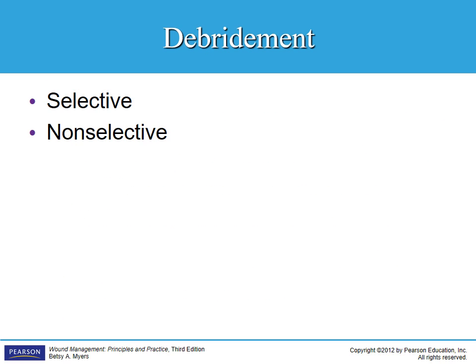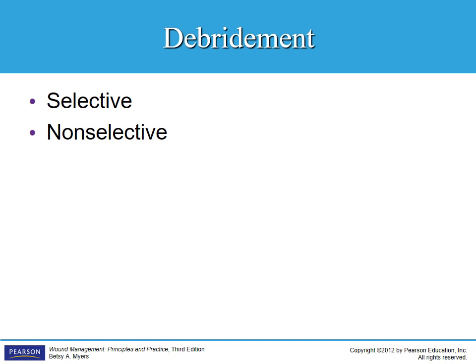So let's start with the larger categories. Debridement is broken down into selective and non-selective debridement. The types of selective debridement referenced in the book are sharp, enzymatic, and autolytic debridement.